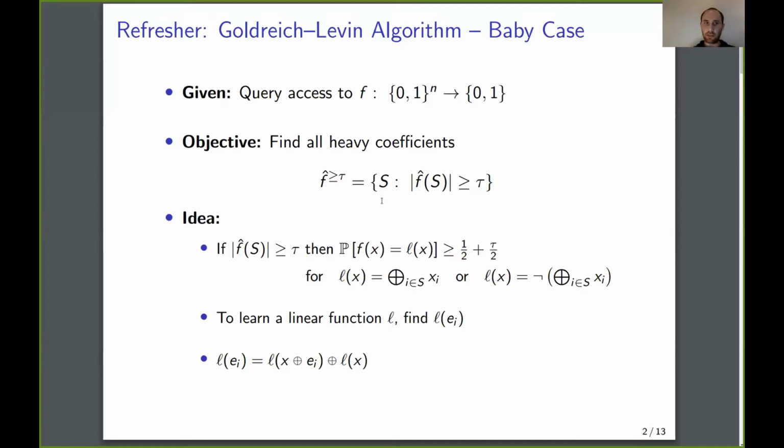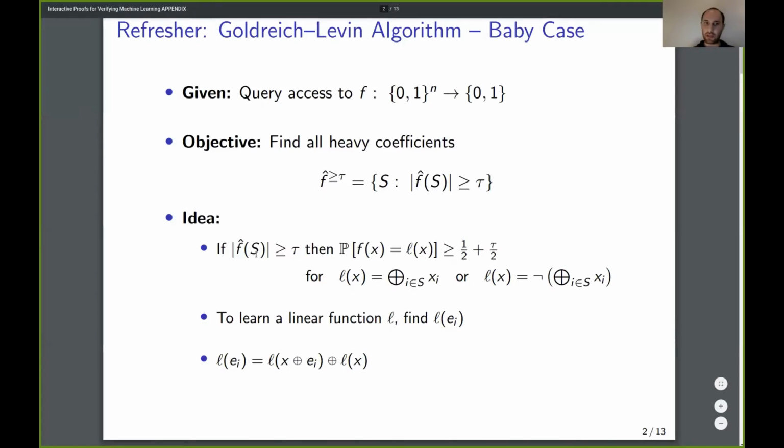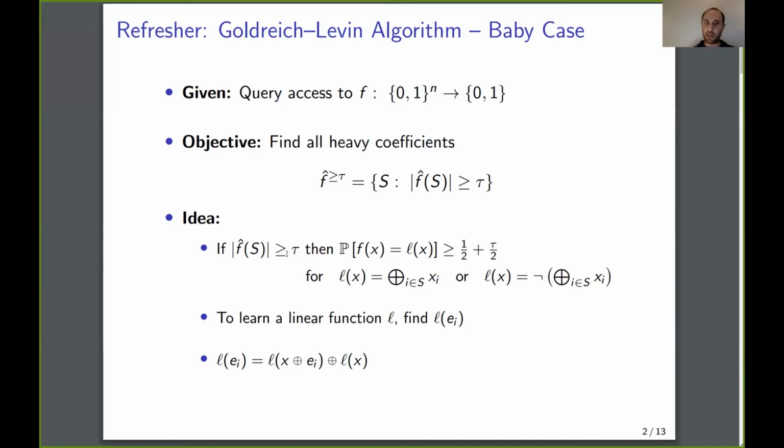The idea of the algorithm is the following. If the Fourier coefficient of S has value at least tau, then that means that f is correlated with the character chi of S. In particular, the probability that f of x equals L of x is at least half plus tau over 2, where L of x is either the parity of the bits in S or the negation of that parity.